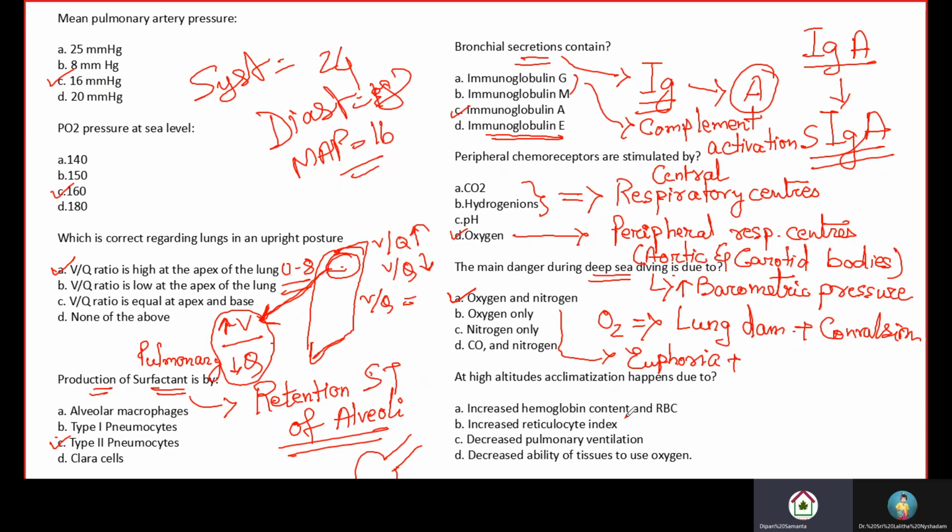Adaptation to new temperature and altitude so that hypoxia causes less damage to the body. Okay, that is acclimatization. So acclimatization actually increases hemoglobin content in RBC.